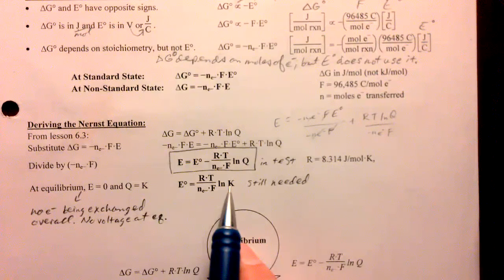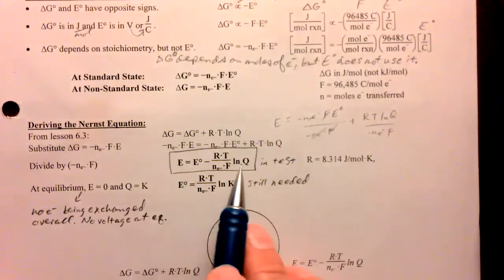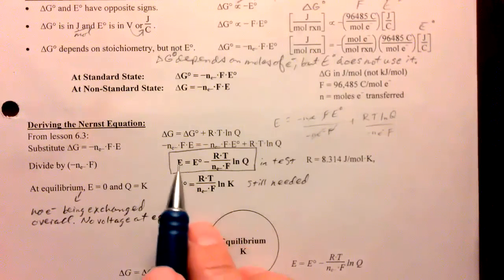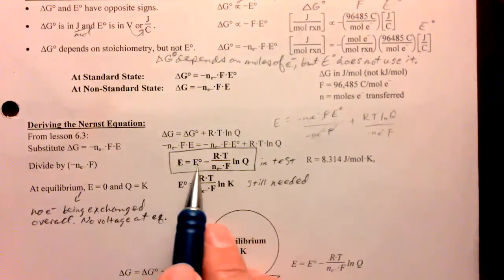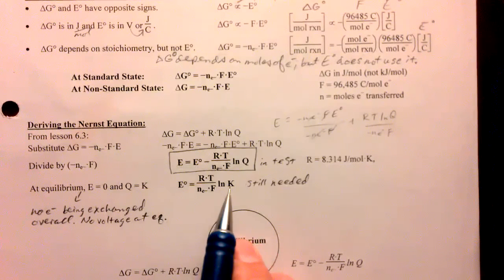If you're at equilibrium, your current conditions are such that K is true. And you do still need this version. So you need to be able to look at this one and say, oh, yes, it's really that. And you don't get to walk in with notes. So you need to be able to remember that at equilibrium, this is going to be 0, this moves, and Q is always K at equilibrium.